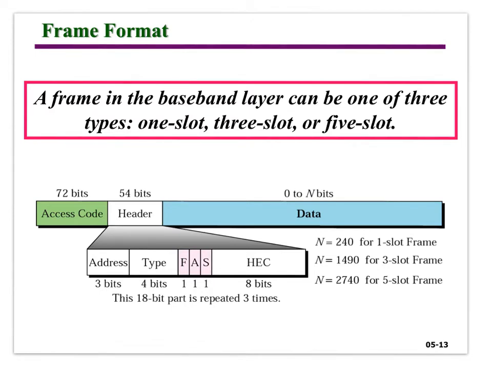But what about the header itself? For the header itself, we use this majority vote mechanism. So we repeat it 3 times, and if there is any problem with one of them, then we take the majority vote from the other 2. Okay, any confusion here? So that's the mechanism that's used for header error protection, as opposed to data error protection. For data error protection, we use forward error correction.